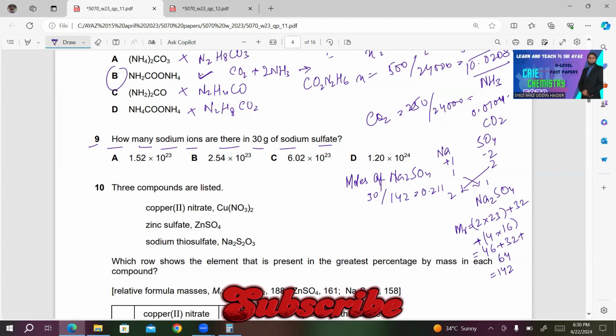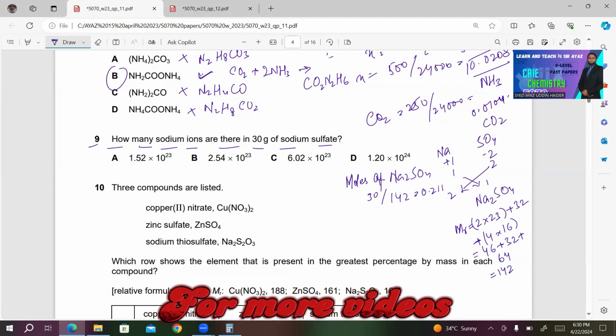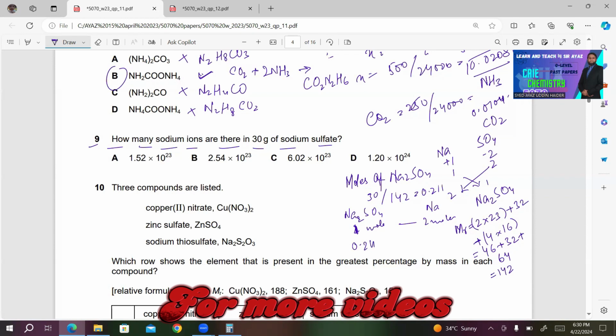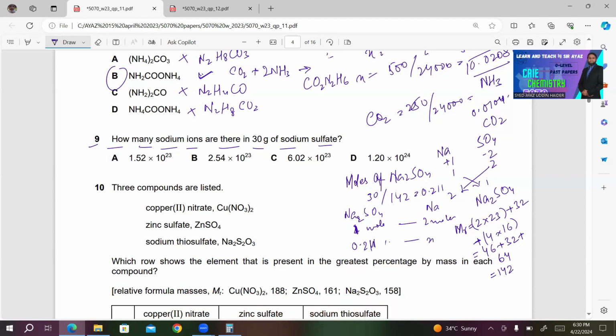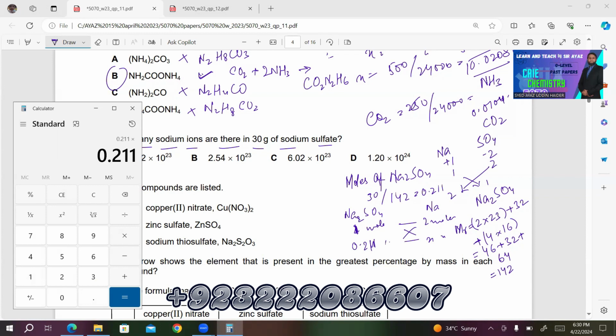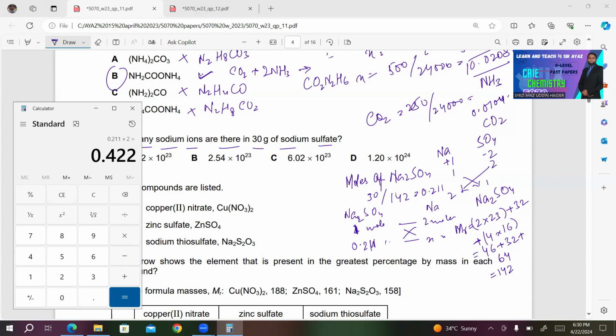So Na2SO4, 1 mole gives 2 moles of Na. You see, 2 is here. That's why, 0.211 mole gives X moles. Cross-multiplying, 2 is multiplied by 0.211. 0.211 multiplied by 2 gives 0.422 moles of sodium ions.